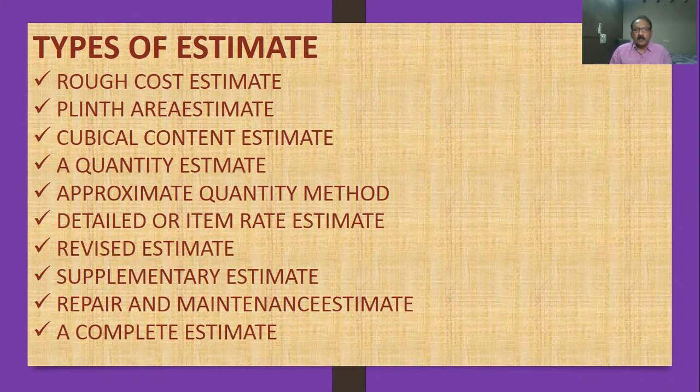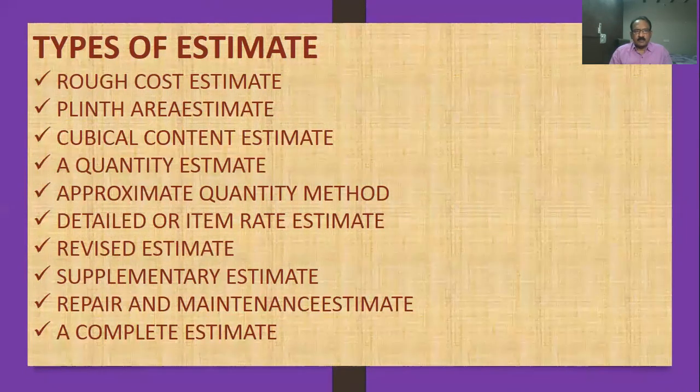Cubical content estimate. This is also one of the methods, by height. Plinth area is not related to height, only the area of the construction, and which includes, which do not include, we'll discuss in coming topics.